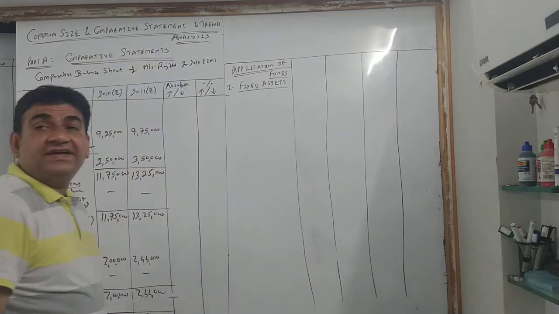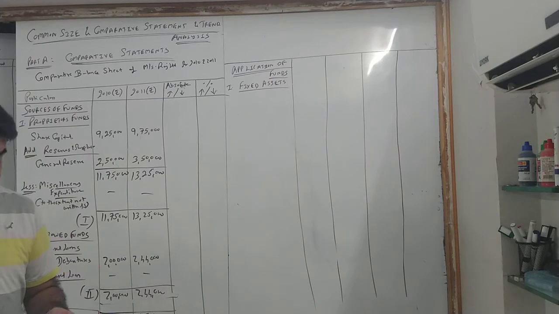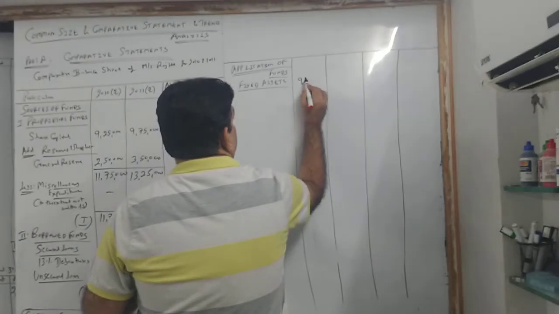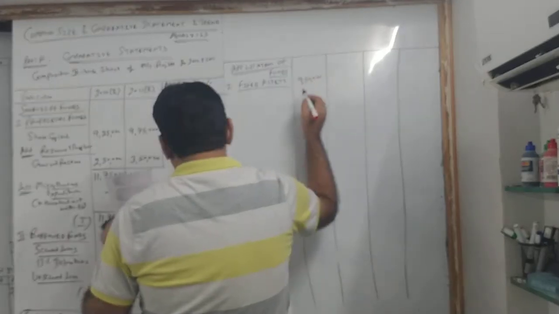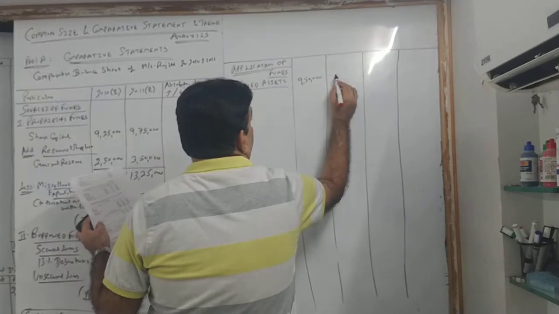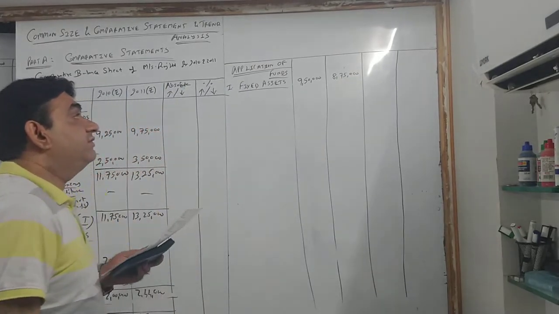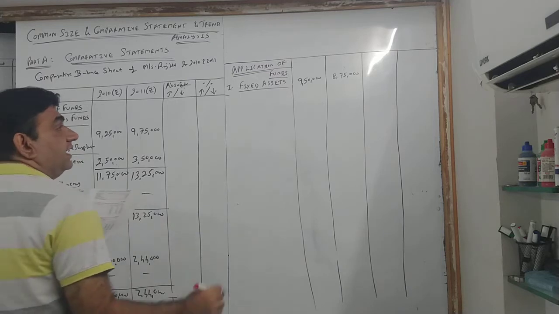First, we have fixed assets. No breakup given, so straight away write the amount. 9,50,000 and 875. 950, 875.